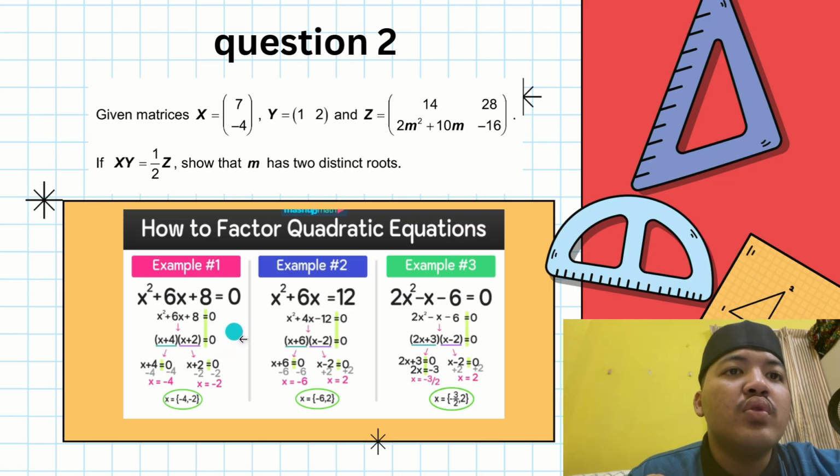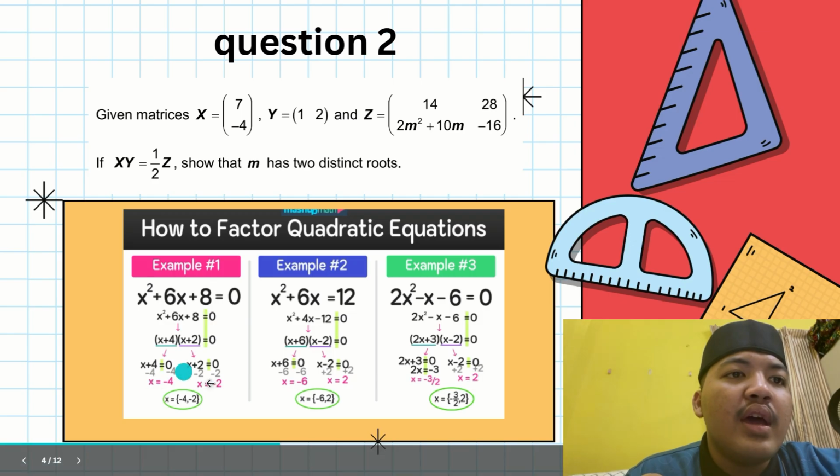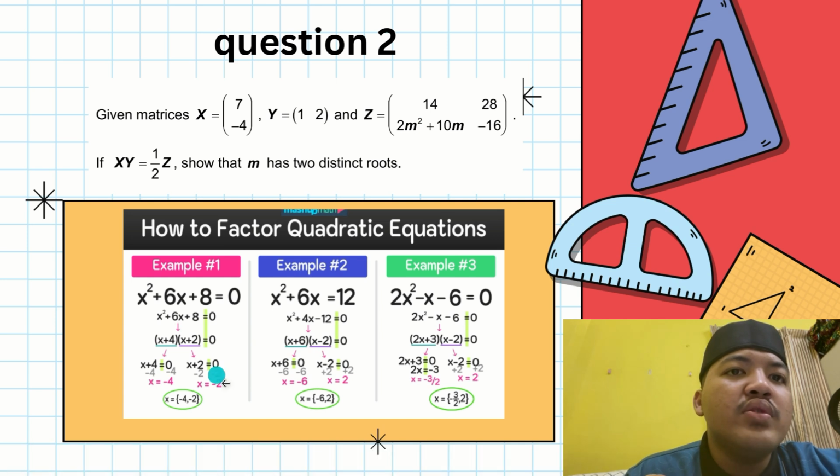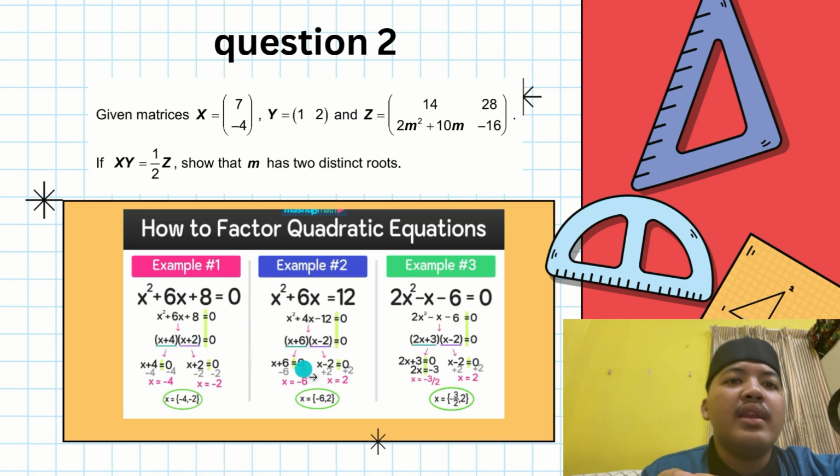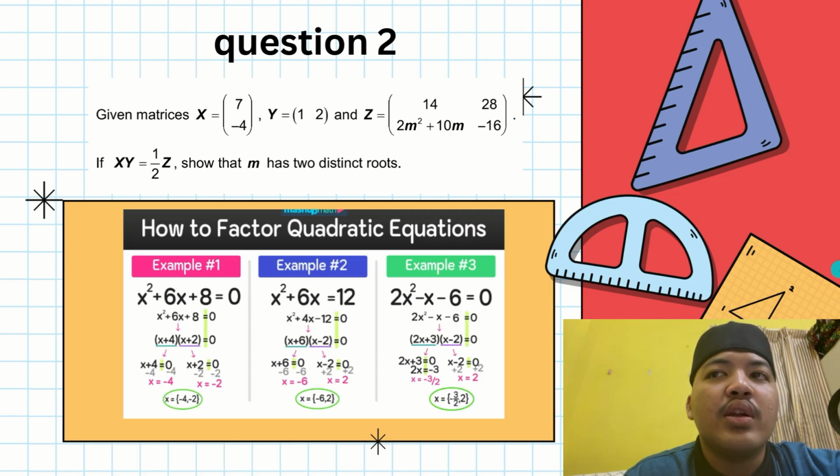This gives two values of x, which are x equals negative 4 and x equals negative 2. Since there are two different values, the equation has two distinct roots. So now we will use the same idea to solve this equation.